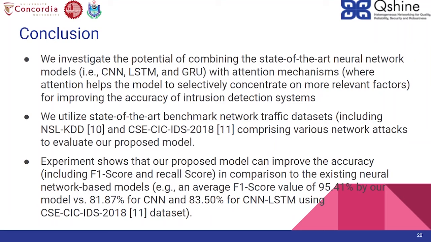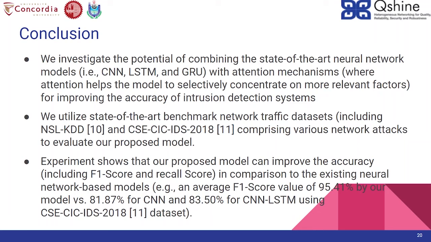We utilize state-of-the-art benchmark network traffic datasets, including the NSL-KDD dataset and the CSE-CIC-IDS2018 dataset. We experimentally show that our proposed model can improve the accuracy, i.e. F1 score and recall score, in comparison to other existing neural network models.